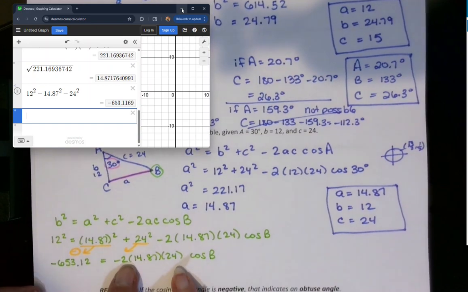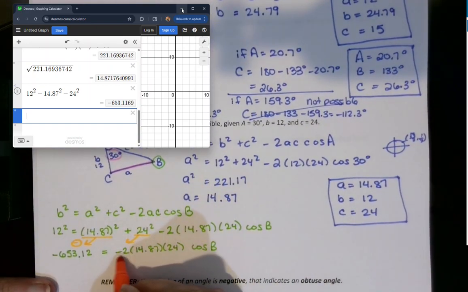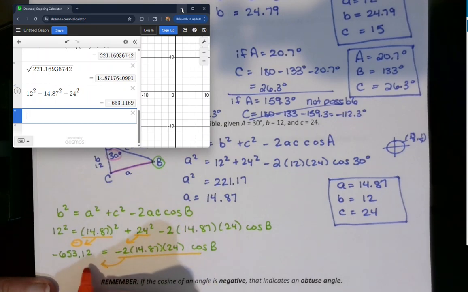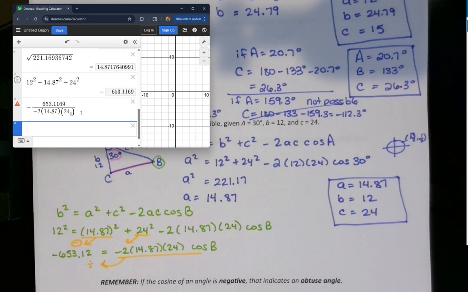And now it's going to be division. So we're going to now divide this piece off to solve for the cosine of B. So I will copy this value and divide it by negative 2 times 14.87 times 24. Hit the wrong key there at the last bit.